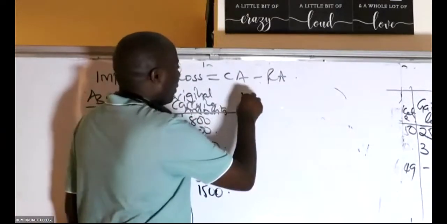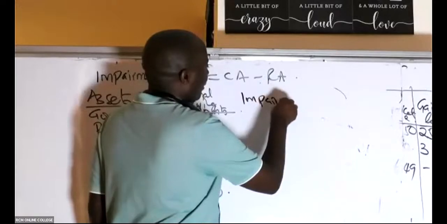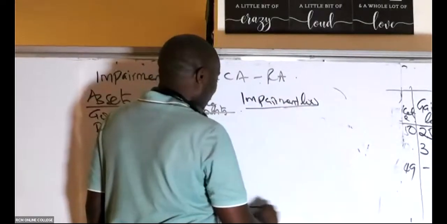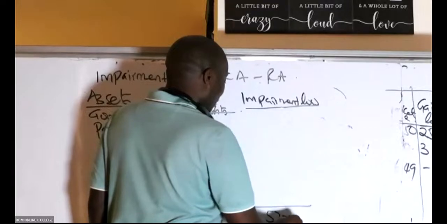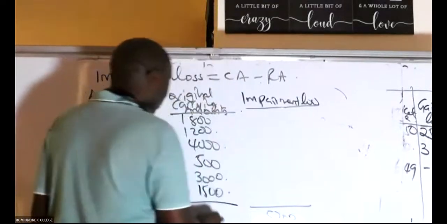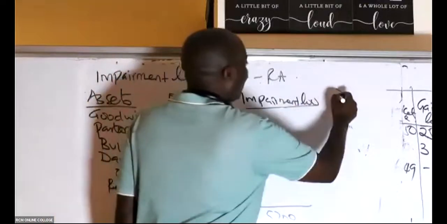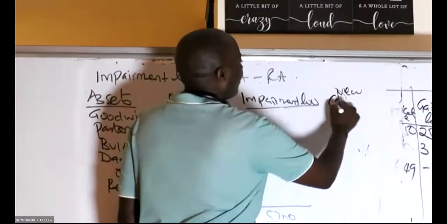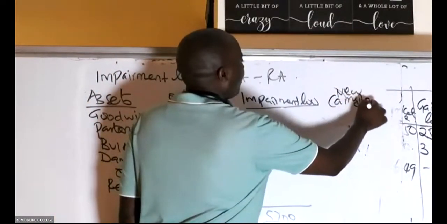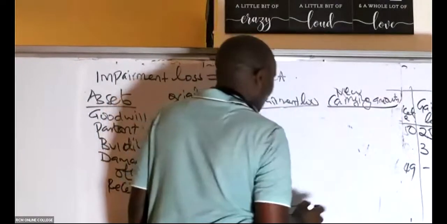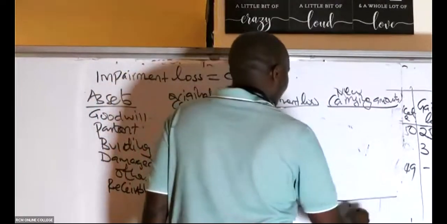And then in between we have impairment loss. You guys give me a total impairment loss of 5,700. And then we have new carrying amounts. New carrying amount of 6,700.